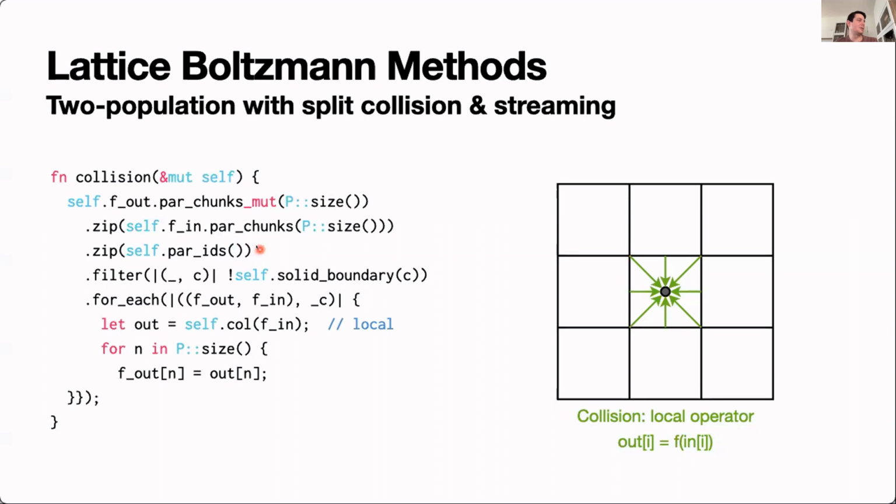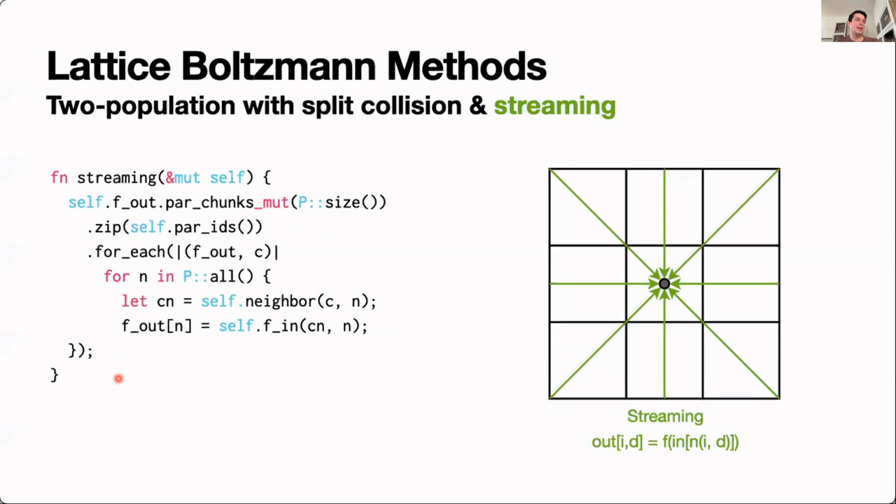And because Rust doesn't have variadics, this means that I end up with a tuple of elements where the first element is also a tuple. So I have a pair of elements for the first element of the pair, and then the index for the other elements. To apply my boundary conditions, I just have to skip some cells. So I just use a filter to select cells that are not on my boundary. And then in this case, I can just use a for_each to read my input array, compute some local array, and then I just write it back to memory.